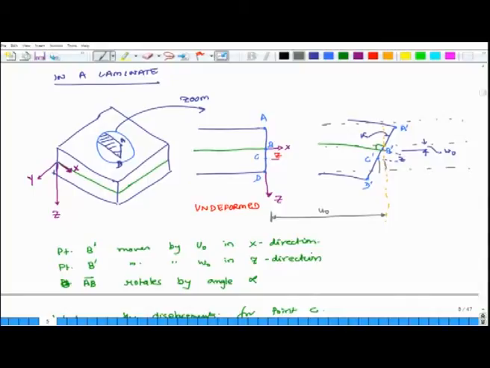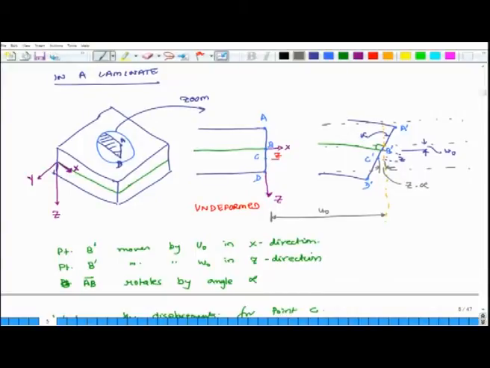So, what is the displacement of point C? First thing is, point B moves out by u naught, and with respect to the new position of B, C is moving inwards by some distance, this distance. And what is this distance? This is nothing but z times alpha, because this angle alpha is extremely small.